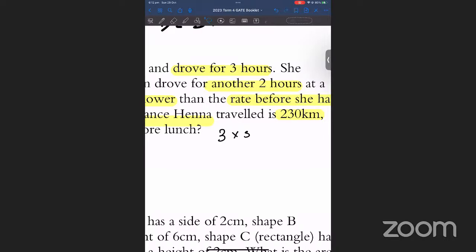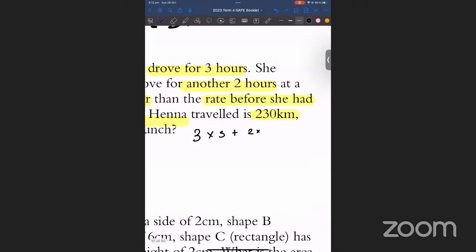And then would you guys agree that the distance they traveled after lunch is 2 multiplied by the speed they traveled before lunch, but minus 10 kilometers per hour?